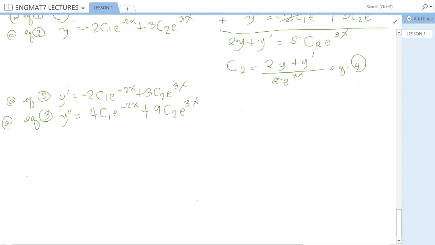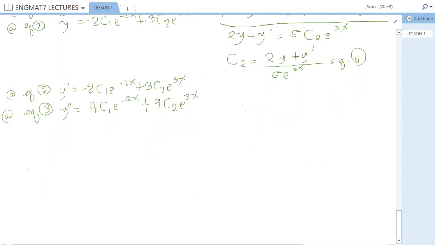In here we have to multiply equation 2 by positive 2, so that c1 will be cancelled and what leaves us is c2. Multiplying equation 2 by 2, that is 2y prime is equal to negative 4c1 e raised to negative 2x plus 6c2 e raised to 3x.